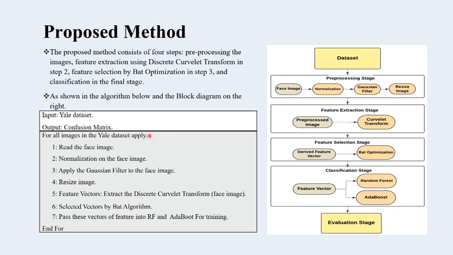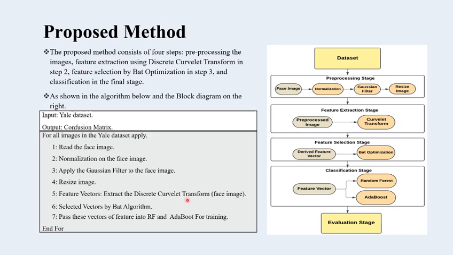For all images in the Yale dataset, read the face image, apply normalization on the face image, and apply the Gaussian filter to the face image. Finally, resize the image. This is applied in the pre-processing stage. Then extract features by discrete curvelet transform.